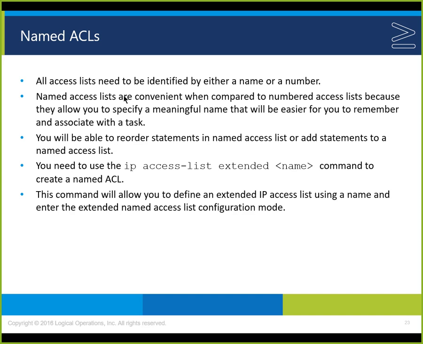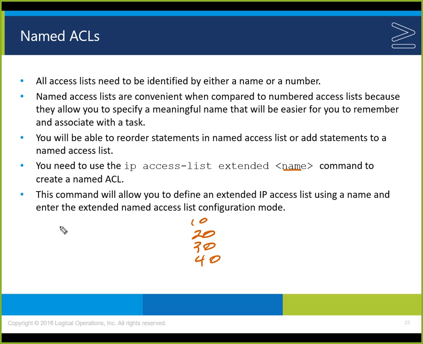A named access list can be named by either a name or a number. For the named list, it's ip access-list extended and then the name. The advantage of the named list is that when we write the list, it's going to number the entries 10, 20, 30, 40.